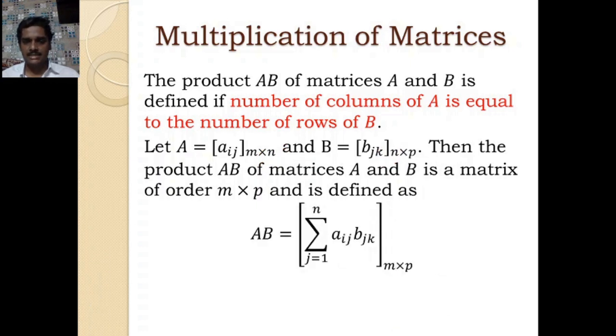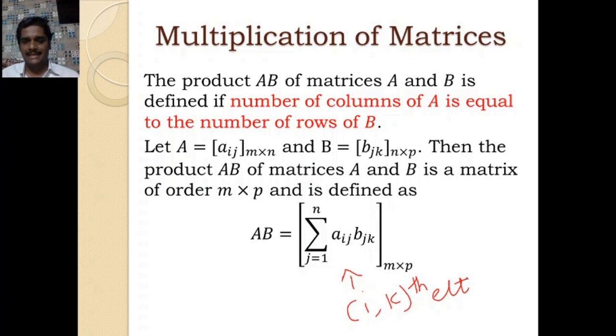You all can see the product AB equals, and inside a bracket, the thing which you see is a general element of the product AB. The thing which you see in the bracket is the ikth element of AB.